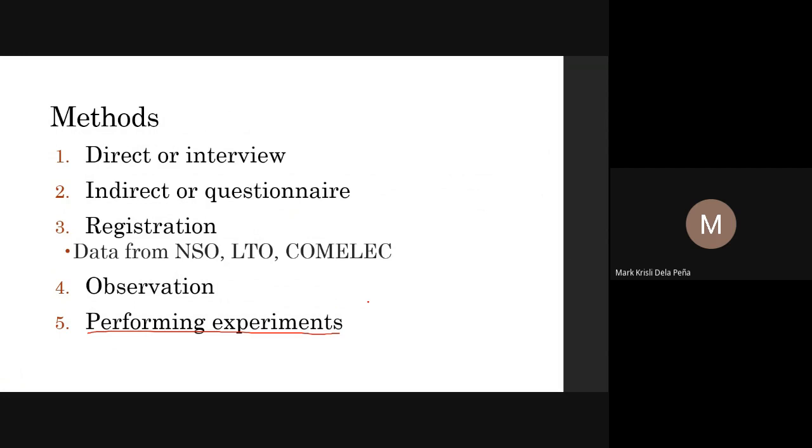Sometimes the population is quite large. We cannot use these methods, for example, direct interview or indirect questionnaire, if the number of our population included in our study is about 10,000 or even just 1,000 or more.